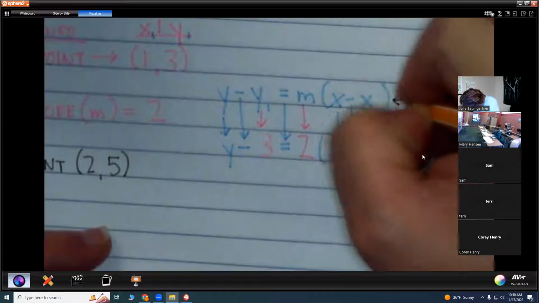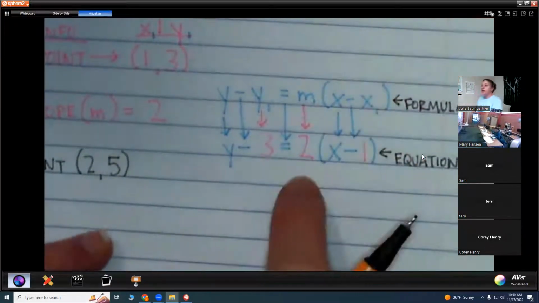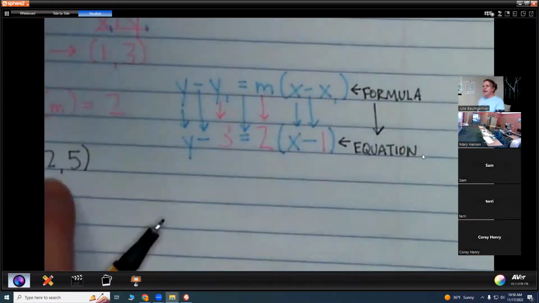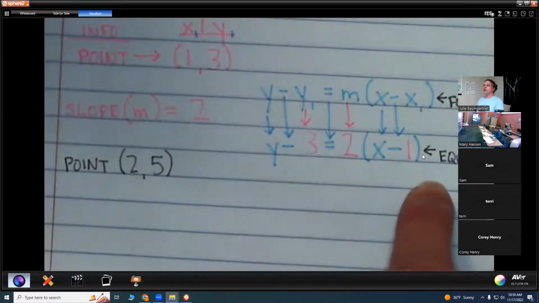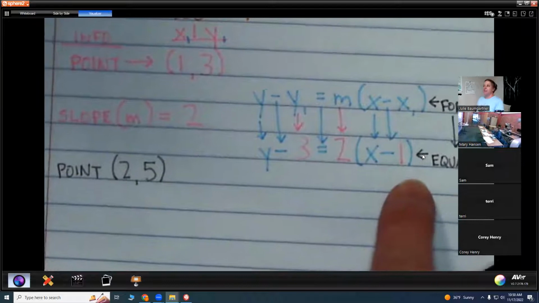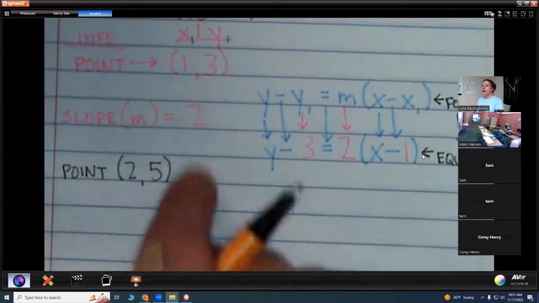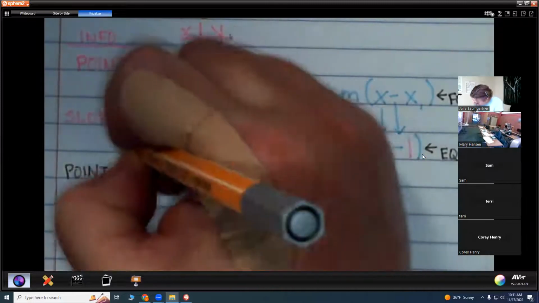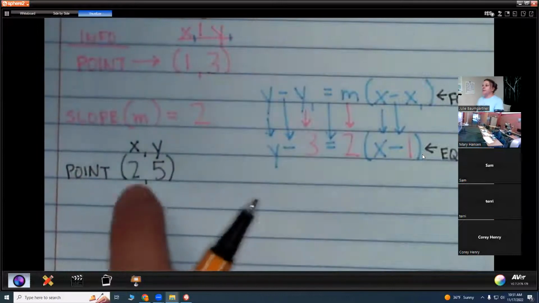We start with our formula, we plug in our known values to create our equation, and now I can take additional points and test to see if they are on this line. So for my test point, which I'm not sure is on this line, I'm going to call this x and this y because I'm testing it.